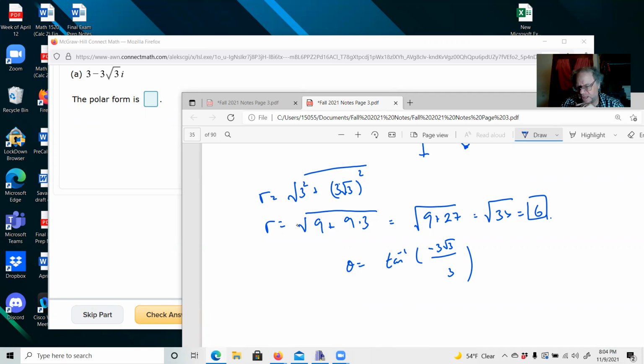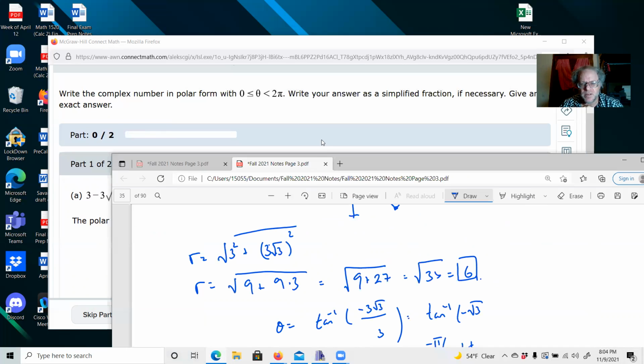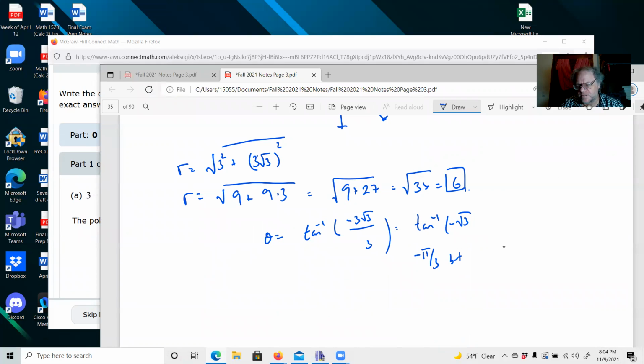So the y over the x. We end up with the inverse tangent of negative root 3. If we do that, we know this is going to be negative pi over 3, but we want this in terms of 0 to 2 pi. So we're going to change this around, and this is actually 5 pi over 3. So that's our angle, that's our theta.